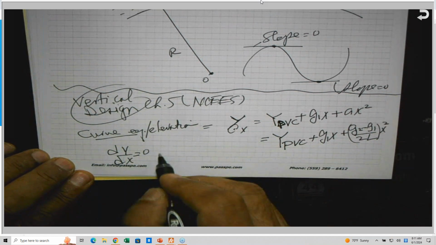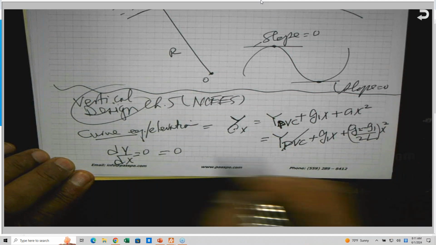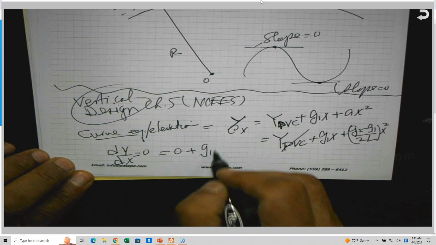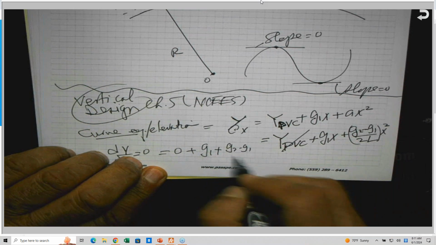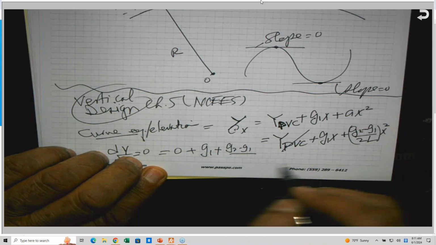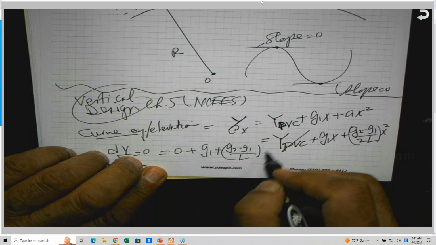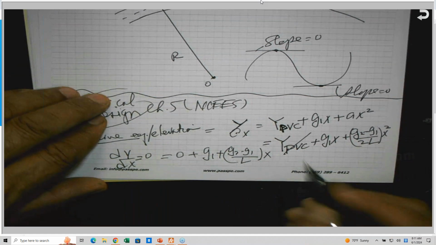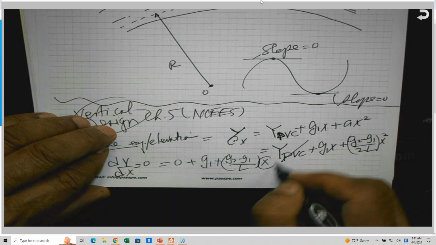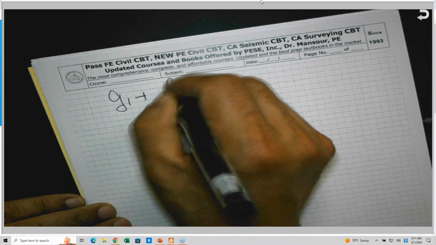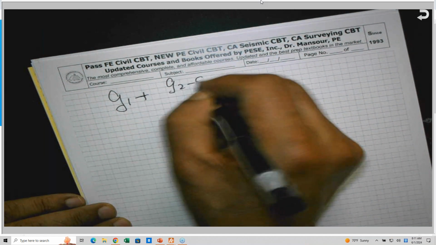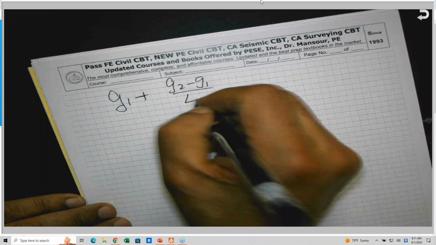It will give you 0 with this constant, g1 plus g2 minus g1, and the 2 will cancel with the 2L, and I still have 1 x here. This is the distance x that we are going to use. So I have g1 plus g2 minus g1 divided by L times x.